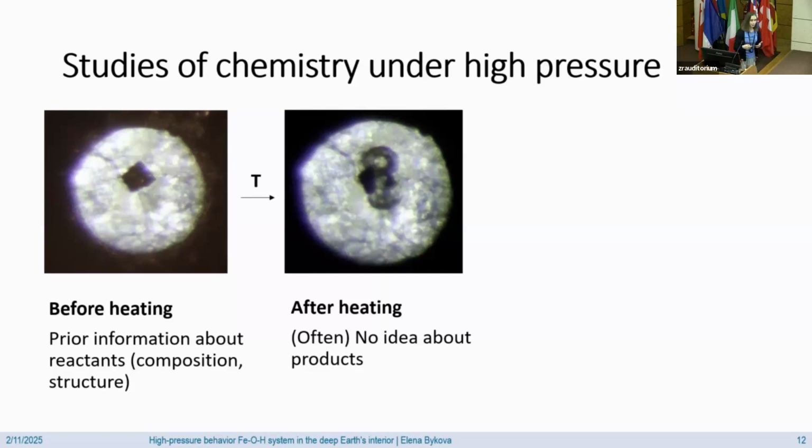So before the heating, we in principle know what we put. At least I know what I put. Sometimes my students don't. But after the heating, we typically have no idea what happened. So we have some crystallographic knowledge, but it doesn't work in 100% of the cases.